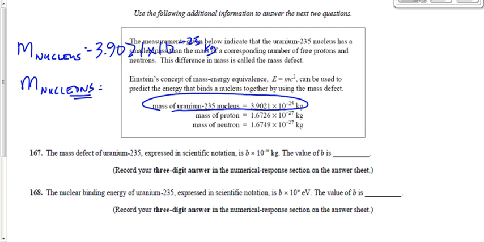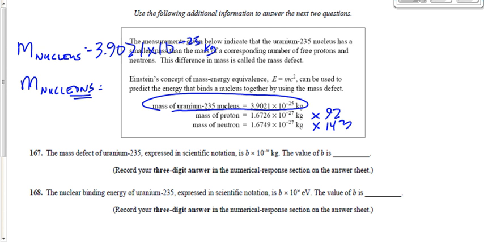You can't just say, I got one proton and one neutron. That would be an isotope of hydrogen, not uranium. You can't just add 1.67 to 1.67. What we got to do to find the mass of the nucleons is add 92 of these and 143 of these. Does that make sense?